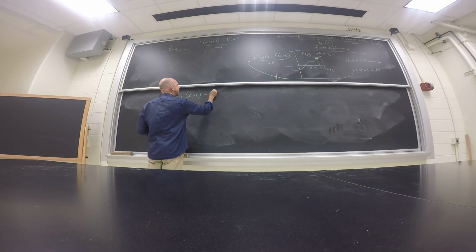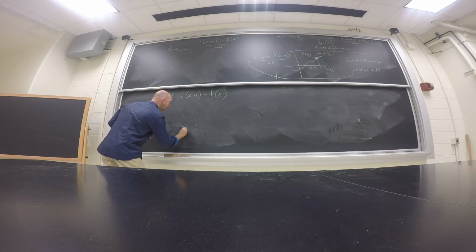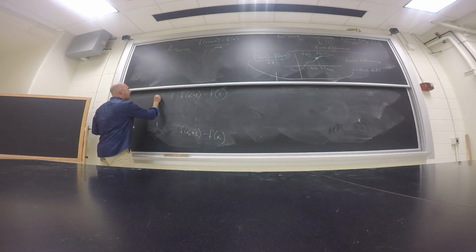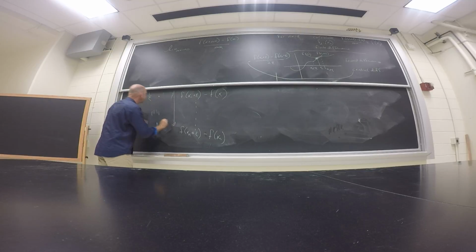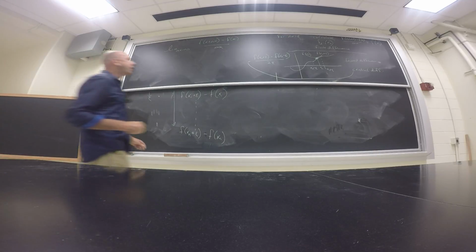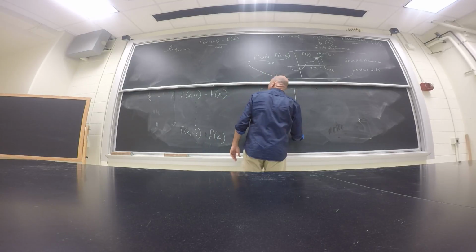Let's just do a forward difference to make it simpler. Okay? So how do we represent that as a matrix equation?